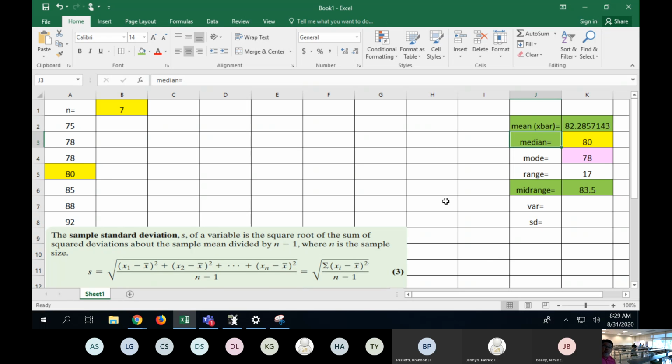People at home, you can type it in the chat or you can speak. This is not rhetorical. I want you to read that formula and tell me what we are going to have to do to get the variance.